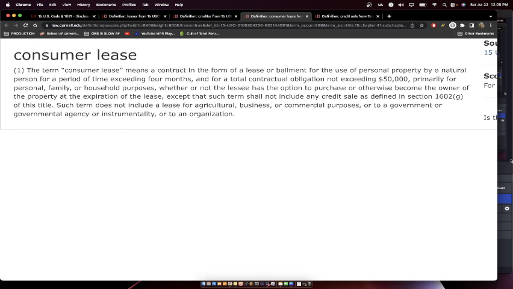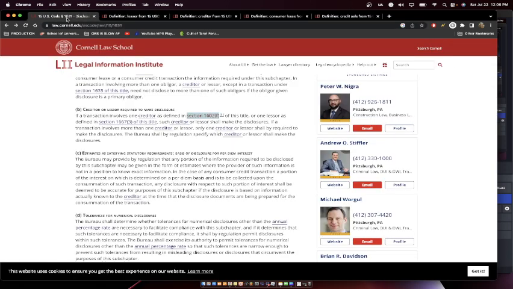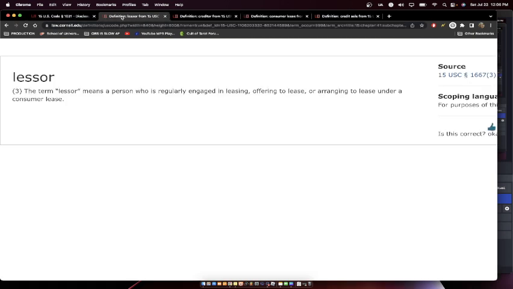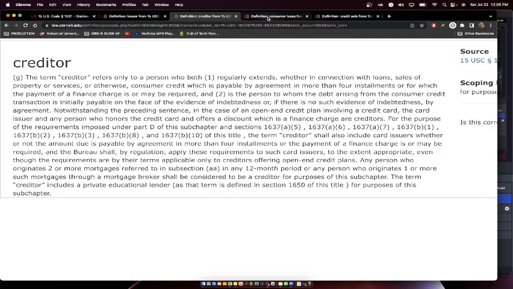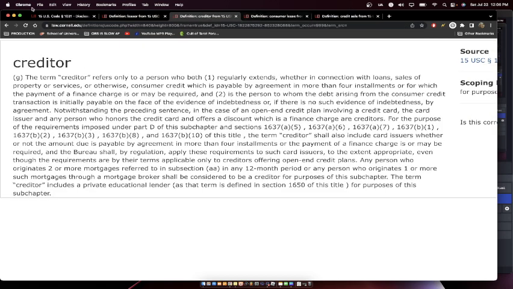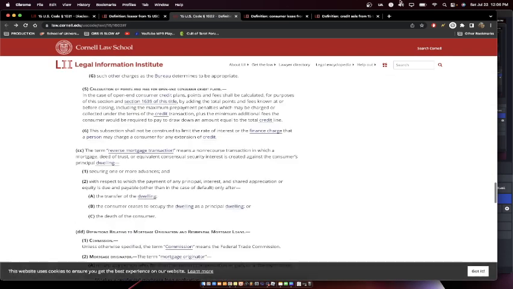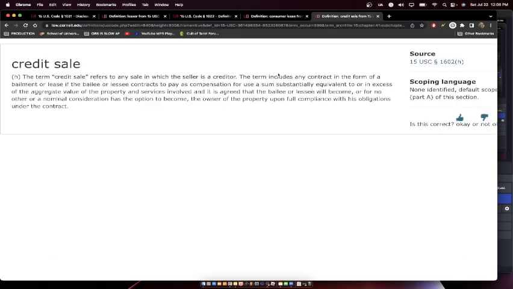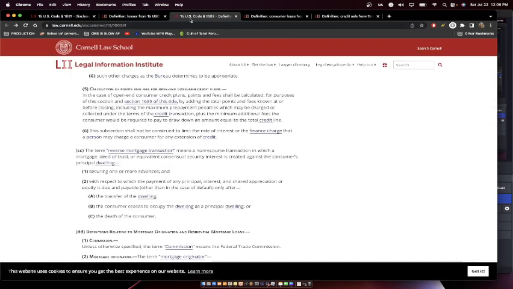Does that make sense? That doesn't make any sense to me. It doesn't make sense because that would essentially mean credit is not for personal use.